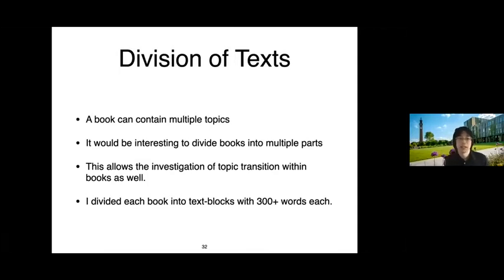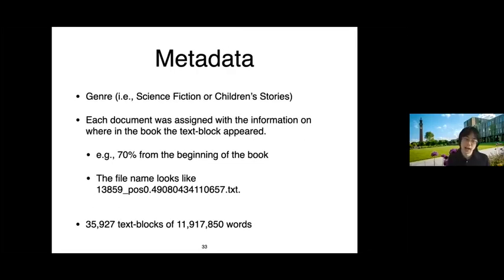So what I did was I divided each book into text blocks with approximately 300 words each. The metadata of this corpus includes genre, so science fiction or children's stories. Each document was assigned information on where in the book the text block appeared, something like 70% from the beginning of the book. The file name of the corpus looks like this.